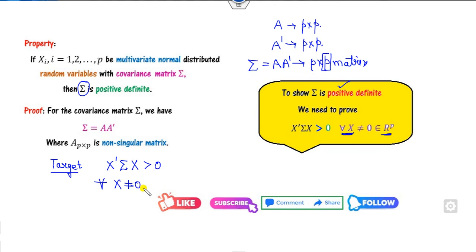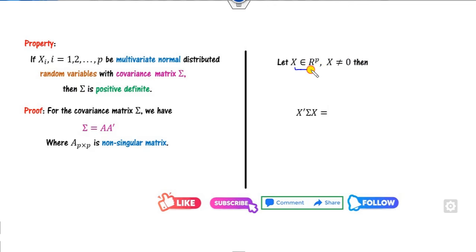So I can assume that x belongs to R^p, which is non-zero. I can substitute sigma here. What is sigma? A into A transpose. Fine. So that means x transpose A A transpose x.